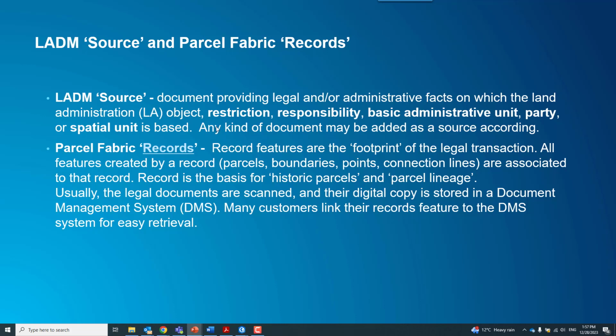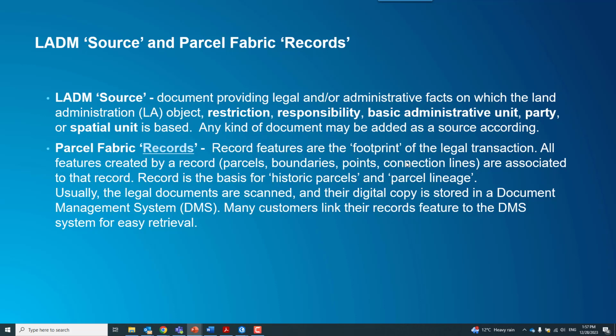Everything has to be tied to where it came from, and we call it the record because usually the data is recorded in the recorder's office, or registered in the land registration system. Or it could be an informal right, but we still want to know who and when it was collected. So that is all part of the record. And in the parcel fabric, it actually has a geometry. It will automatically generate it as things get created and modified to be the footprint of the spatial transaction.